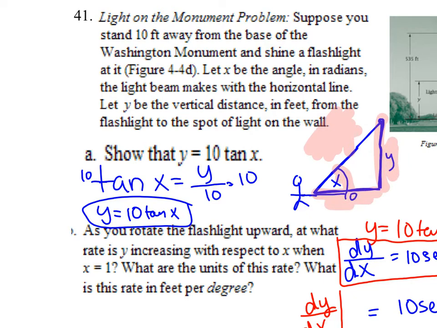So you put down tangent of x equals y over 10, because TOA means tangent is opposite over adjacent. I should have probably written it out instead of sounding silly. Then you multiply both sides by 10 to make it look like y equals 10 tangent of x.